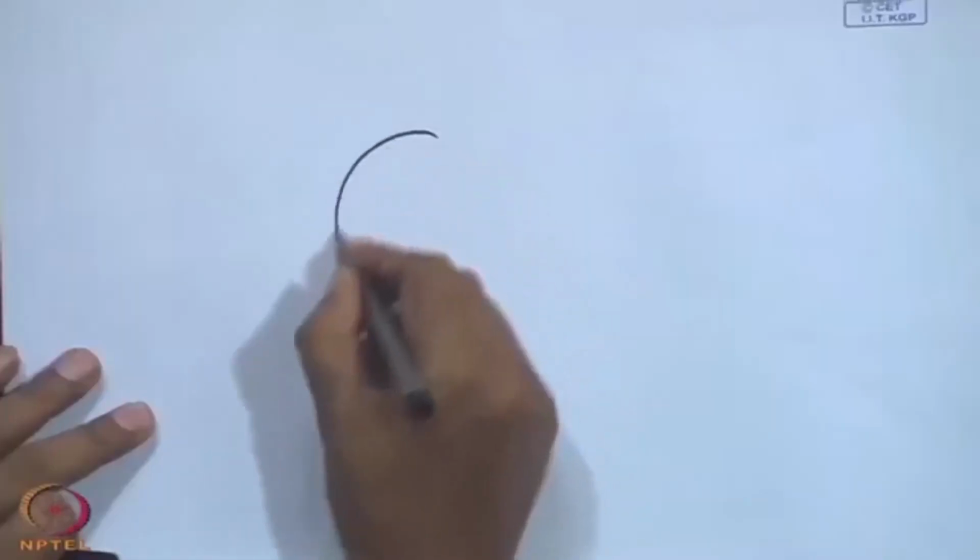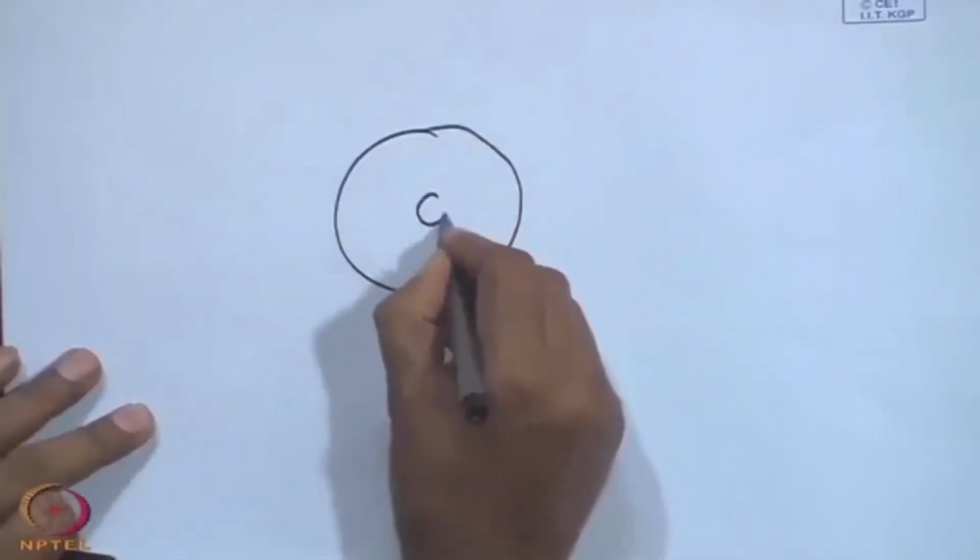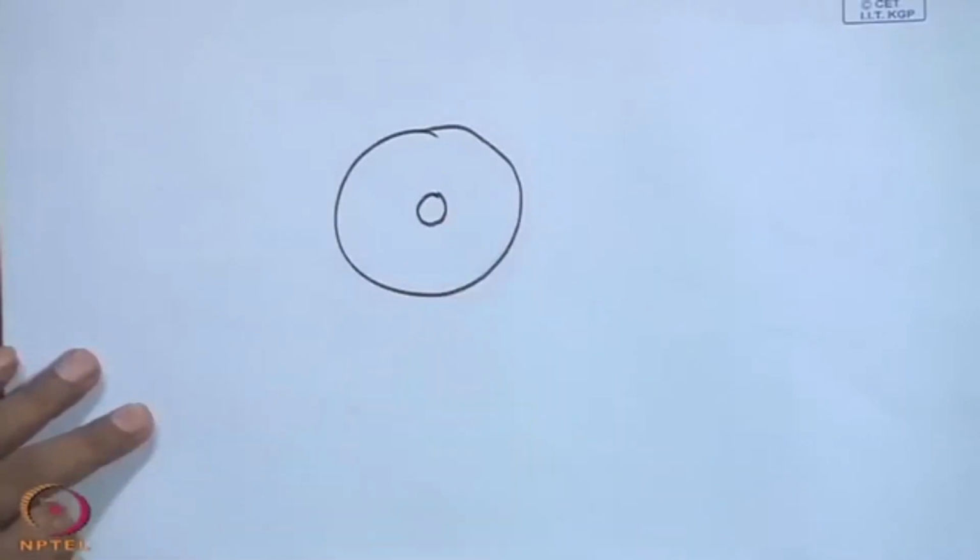I am giving you another important good example here. You all know archery. Suppose this is the bullseye, like our gold medal winner. This is the target.